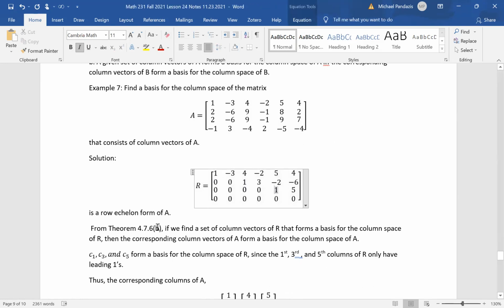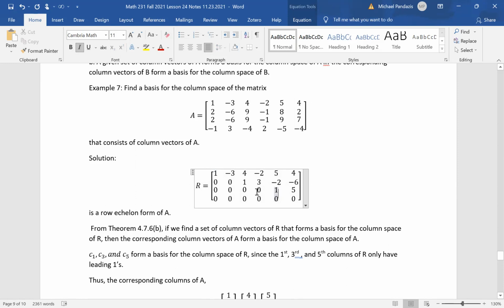From Theorem 4.7.6 part B, if we find a set of column vectors of R that forms a basis for the column space of R, then the corresponding column vectors of A form a basis for the column space of A. So here, C1, C3, and C5 are the columns that have leading ones in them. They're all the columns that contain leading ones.